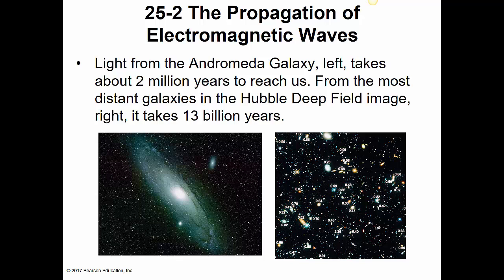From the most distant galaxies in the Hubble Deep Field image, it takes 13 billion years to reach us. So ponder that when you look up at the night sky. You're actually looking back in time, millions and millions of years, and seeing the sky as it was then, not as it is now.